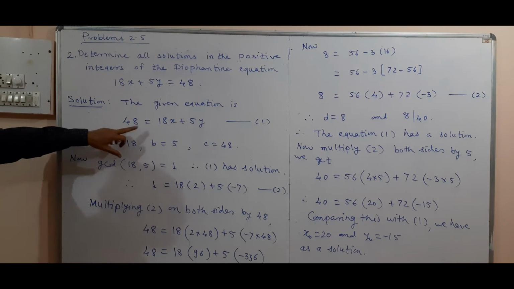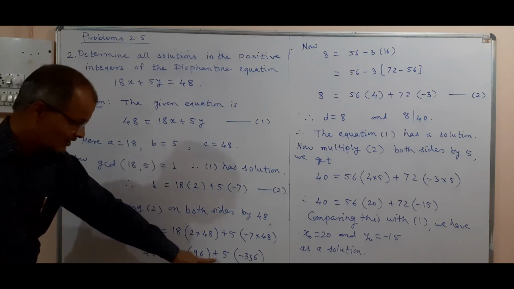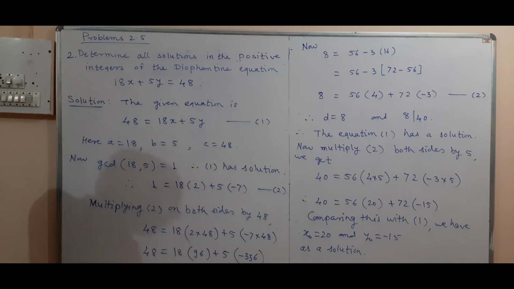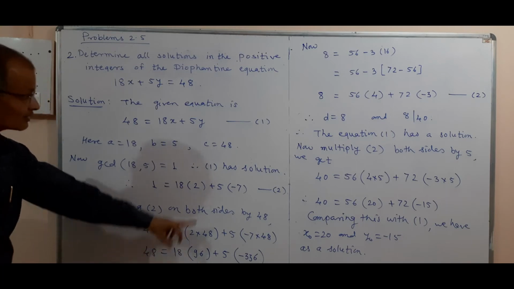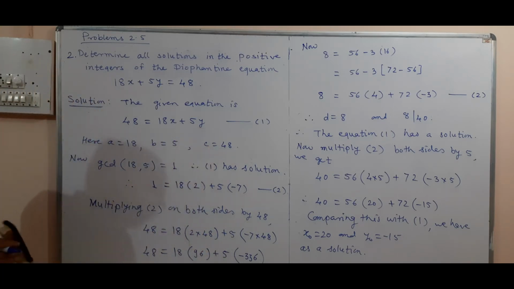And now why we have written in this form, same form as equation 1. You see 48 is equal to 18x plus 5y. 48 is equal to 18 into 96 plus 5 into minus 336. What this gives as the solution, x is 96 and y is minus 336, and we take that as x naught, y naught.